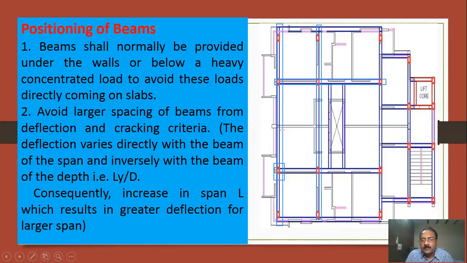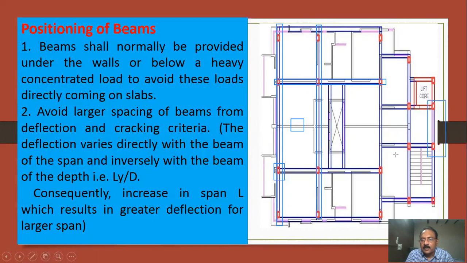Suppose there is no wall here, don't provide a beam here. You can cut this one. If a wall is there, you can provide a beam here. Wherever a wall is there, we will provide beams like this.